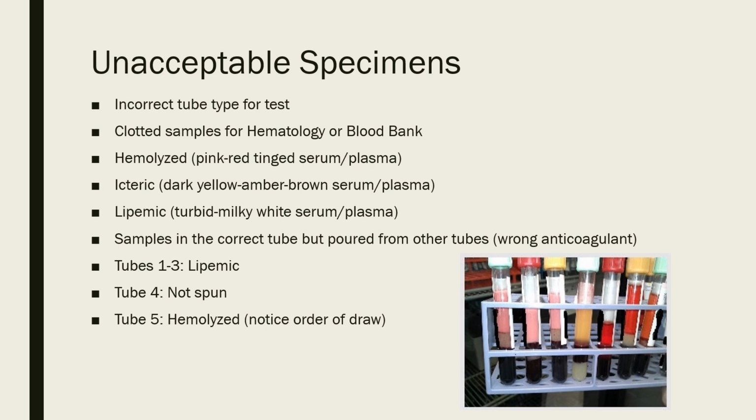A hemolyzed specimen. So again, these samples here at the end are considered hemolyzed specimens. You can see that reddish tint to it in that specimen where it's hemolyzed. An icteric specimen. This last one here on the end, it's actually hemolysis, but it's got a little bit of that icteric gold appearance to it.